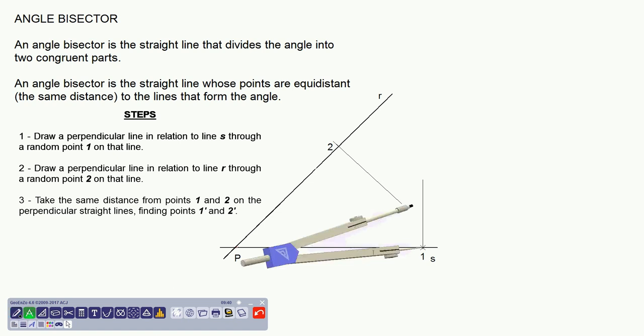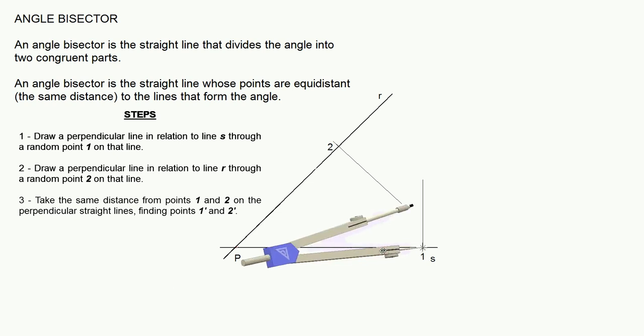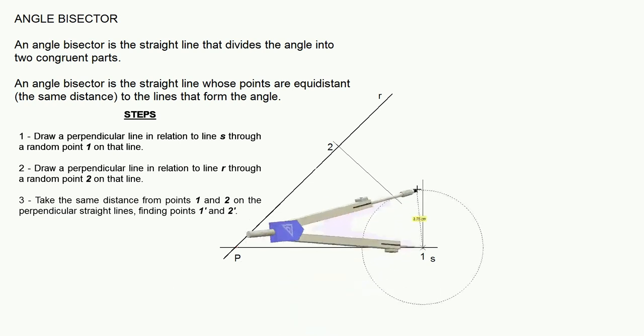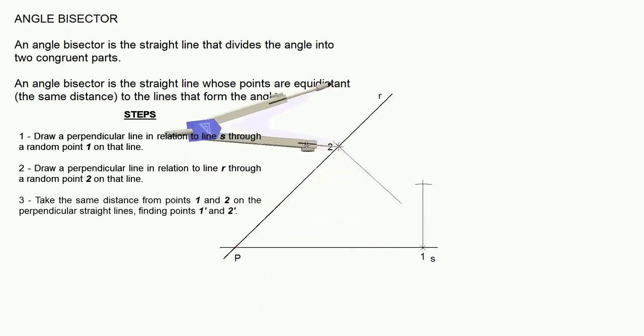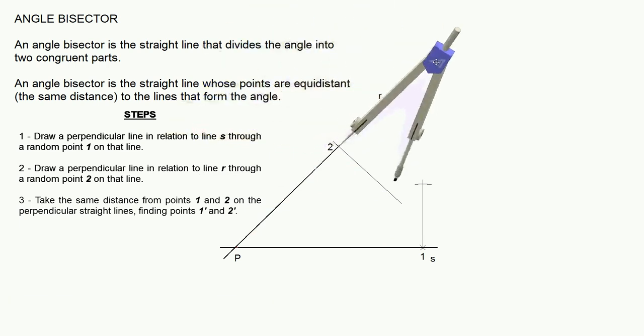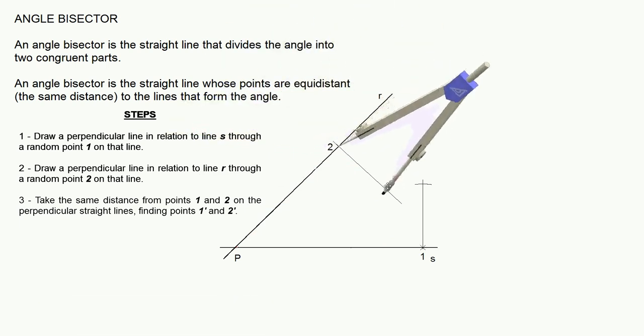Now I take the same distance, the one I like most, from point 1 on that perpendicular line and from point 2 on its perpendicular line. The condition is that it's the same distance in both cases.